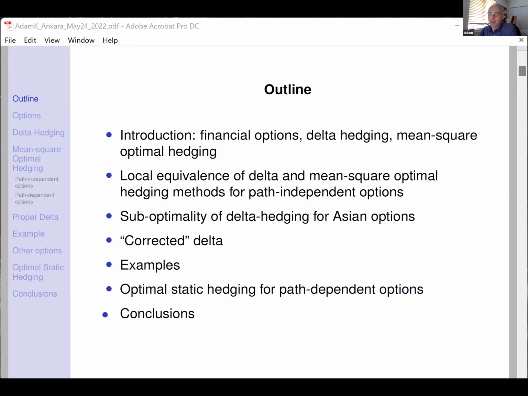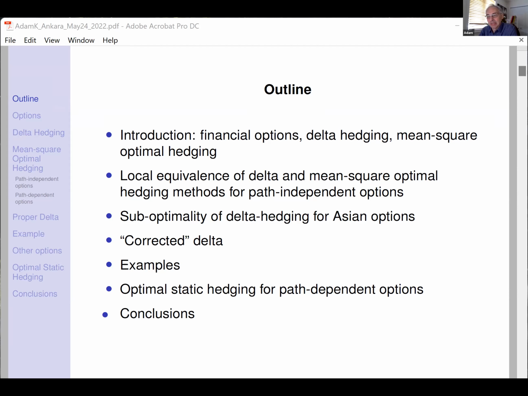We will do this both in the context of European options and then path-dependent options to see the difference. Once we identify the problem, we will propose a solution. As you will see, it's not as simple as the one we use for delta hedging, but it is working well. And at the very end, I will mention open problems.